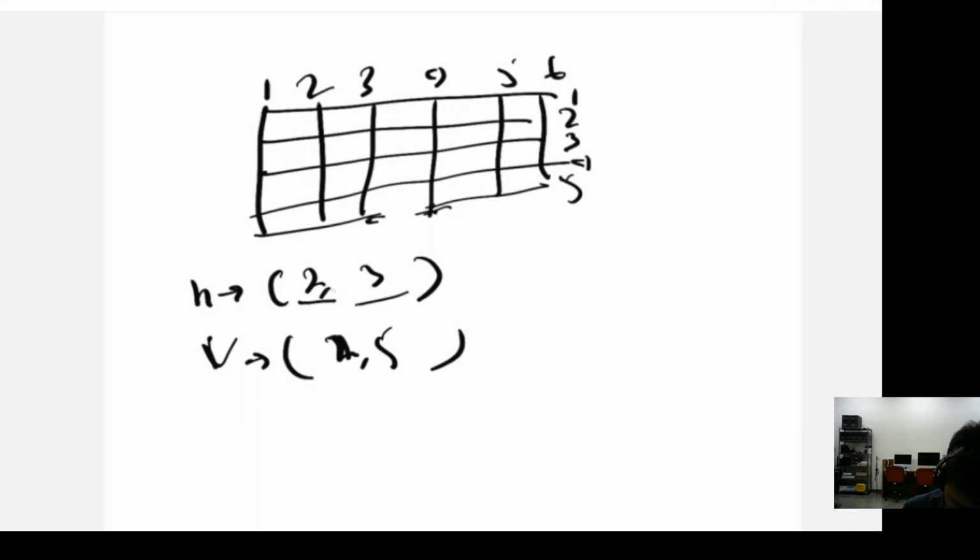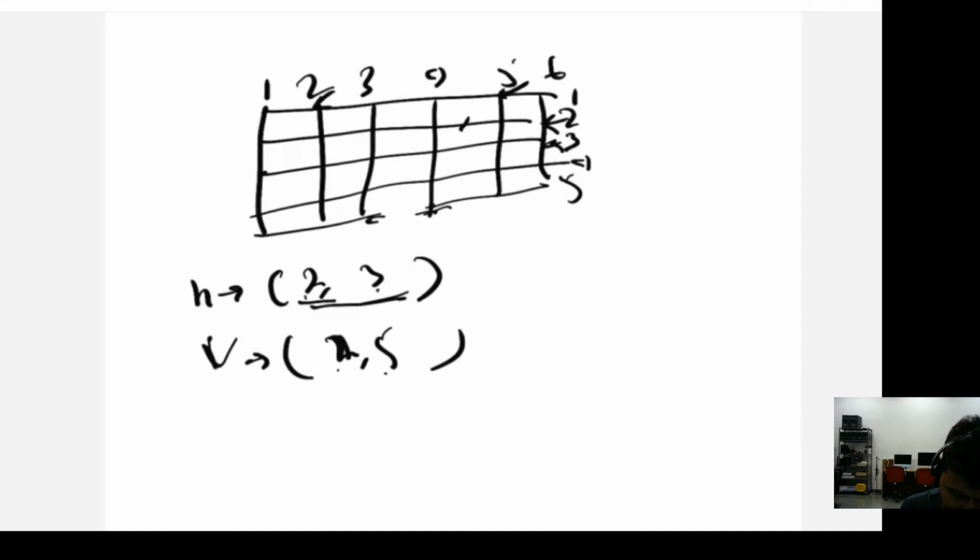The elements put in the horizontal array you can remove from the rectangle. So if they put 2 and 3, you can remove the second and third horizontal lines. In the same way, if in the vertical array they have put 2 and 5, you can remove the second and fifth vertical lines.